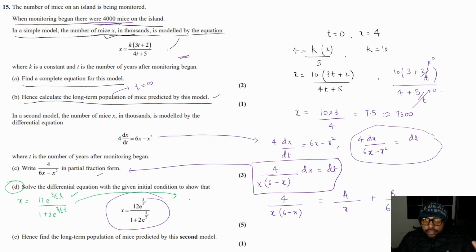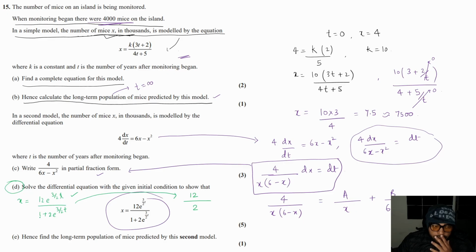So if we divide numerator and denominator by e raised to the power 3 by 2t, what will we get? In the numerator we'll get 12, in the denominator we'll get 2. Okay, why is this so? If we divide e raised to the power 3 by 2t in the numerator, this will become 1.